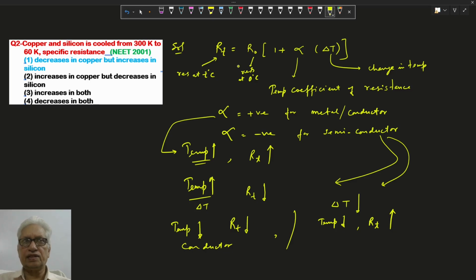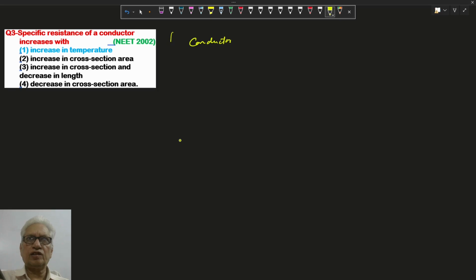At 0 Kelvin, a semiconductor behaves like a perfect insulator. So here option 1 is for conductor.